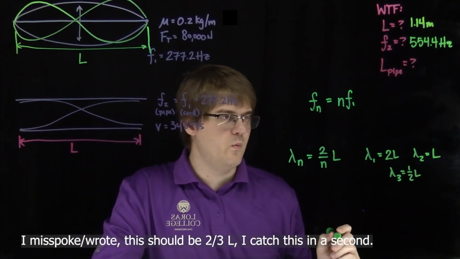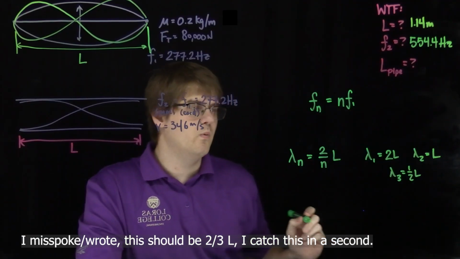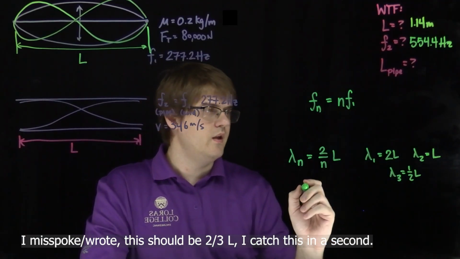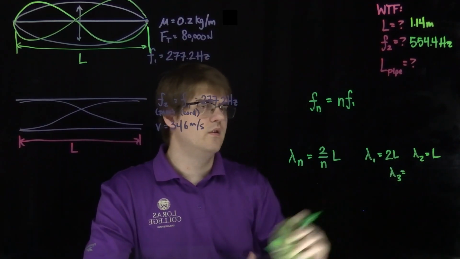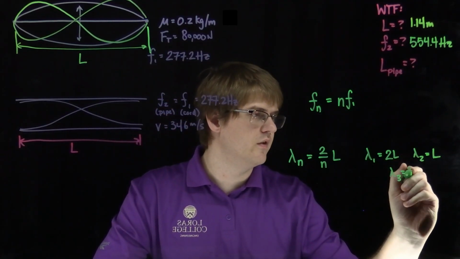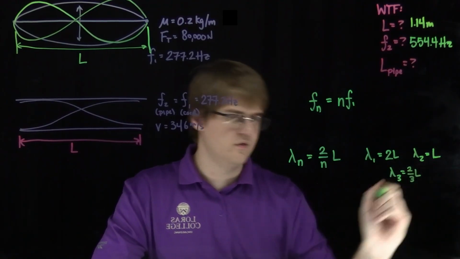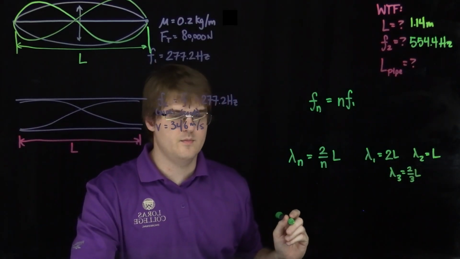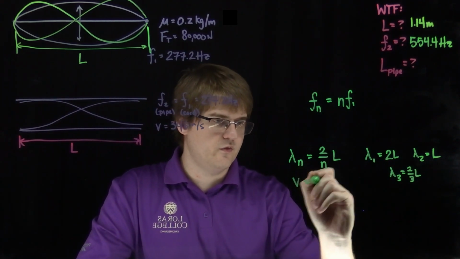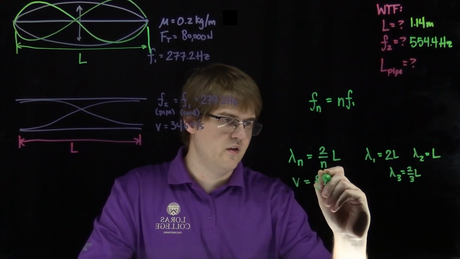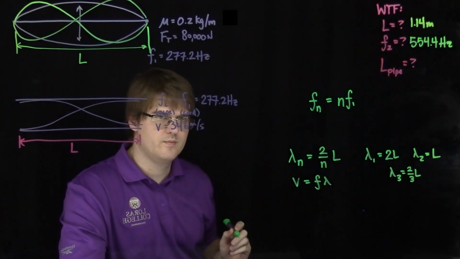So with this, what we're going to do, sorry, that's not 1/2 L. That's going to be 2/3 L. Sorry, something didn't look right there. We also know that velocity is frequency times wavelength.